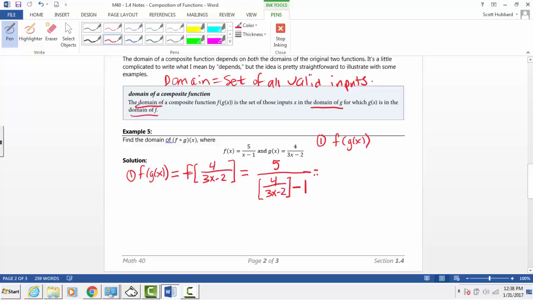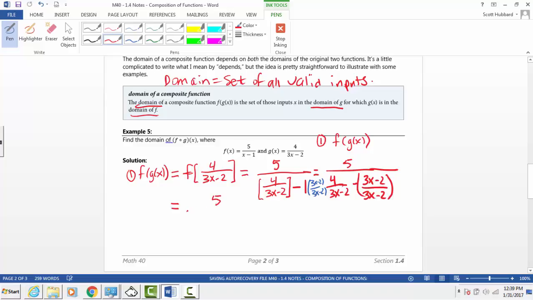We calculated the composition. I'm going to do some algebra here to make it nice. I'm going to make a common denominator. So we'll have 5 over 4 over 3x minus 2 minus 3x minus 2 over 3x minus 2. So I just got a common denominator there. I multiplied this by 3x minus 2 on top and bottom. And then we just distribute the negative and see what we get.